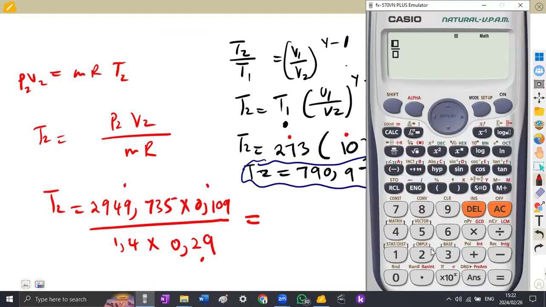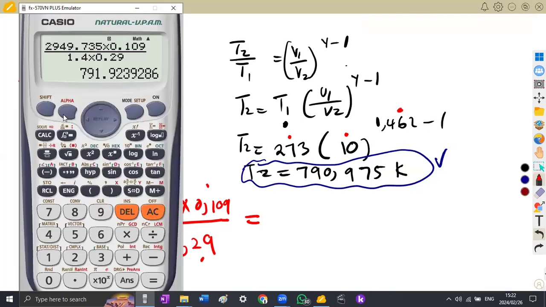So this was going to be like this: 2,949.735 times 0.109, everything over 1.4 times 0.29. So that was going to be, you see, this one will be 791. If you are using this, use it as it is.